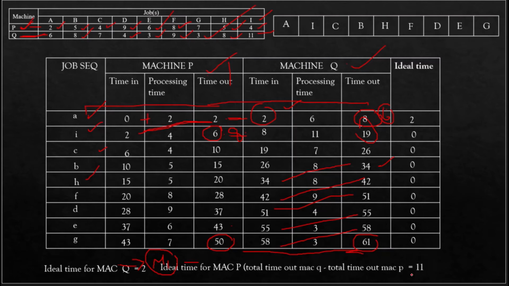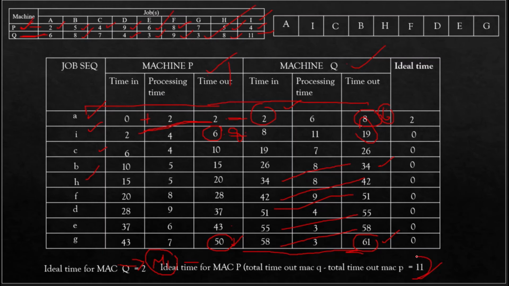So 11 hours is the idle time for machine P. Here for 61 hours machine 2 was still working, but at the 50th hour machine P had completed its task. So here the difference of the processing time of machine Q and machine P is 11 hours.